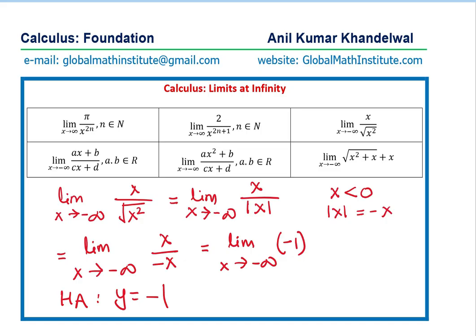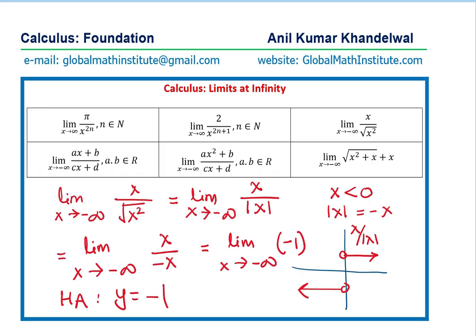You can also draw a line like this, and it's actually minus 1 on this side. The function is not defined at 0. It is kind of like this, and on the right side also, if you define the function. So that is what this function is, x over the square root of x squared.